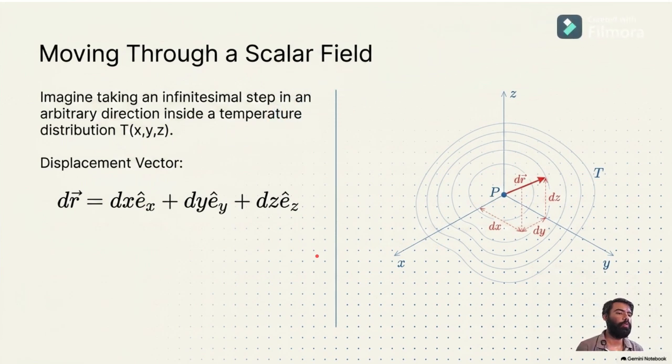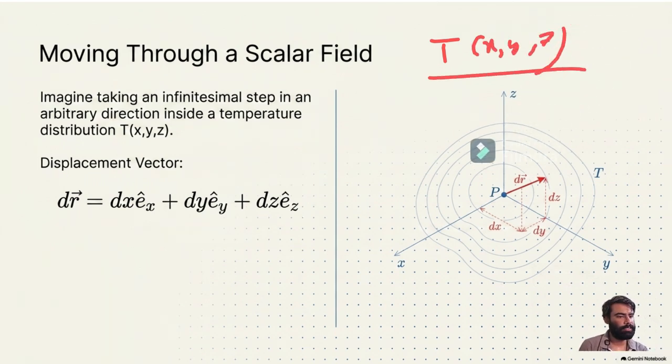Now what if you are moving through a field? Suppose you are inside a temperature distribution, which we can write as a function T of x, y, z. This function is called a scalar function.